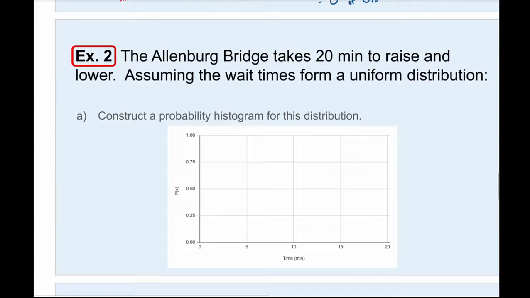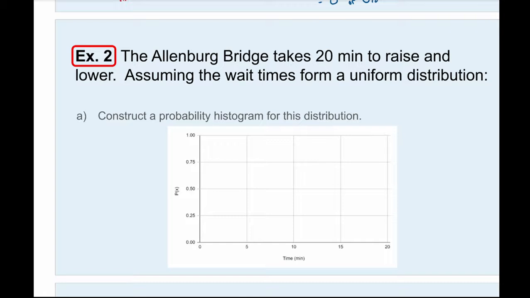Example 2. The Allenberg Bridge takes 20 minutes to raise and lower. Assuming the wait times form a uniform distribution, construct a probability histogram for this distribution. So if I wanted to come up with a probability histogram, I see that I'm going from 0 to 20. I have intervals of 5. I'm not too worried about what the intervals are.